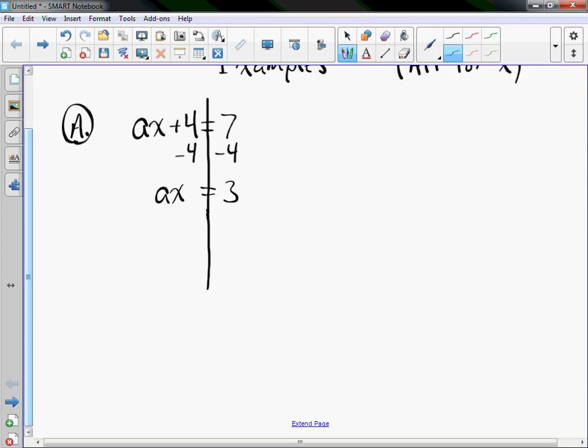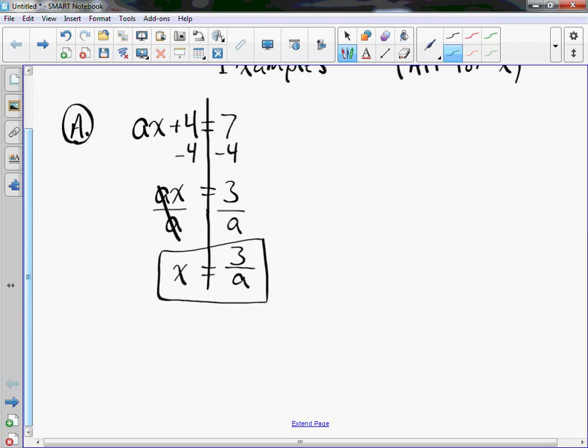So I want to get the x by itself, so I'm going to divide both sides by a. The a's cancel, leaving me with x equals 3 over a. And that would be the formula rearranged for x.